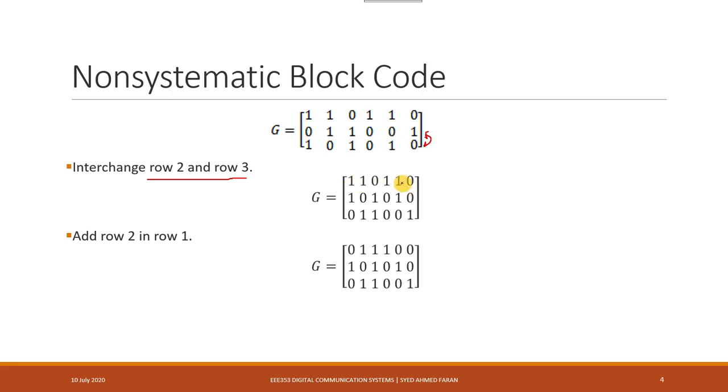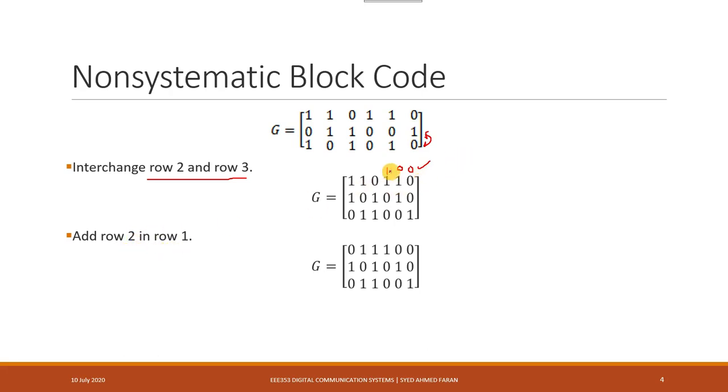So how can we make this look like 1 0 0? We need to convert this 1 into 0, and it can be converted if we add this row into this row. So 1 plus 0 would result in 1, 1 plus 1 would result in 0, 0 plus 0 would result in 0, and we will get the desired result. So we can add row 2 into row 1.